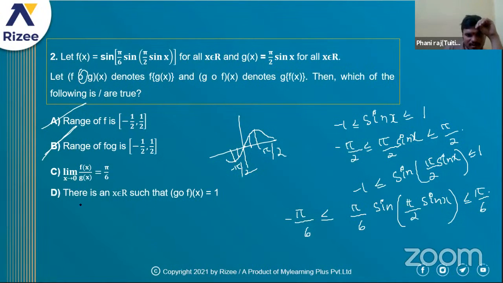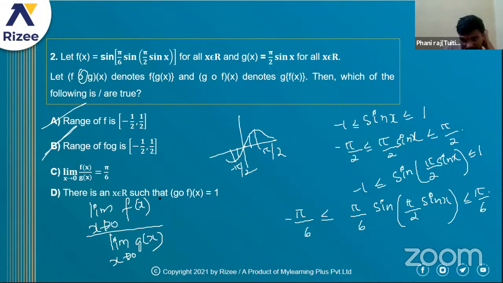So this you can split, right? This is limit x tends to 0 f of x by limit x tends to 0 g of x. We'll compute them separately and take the ratio.